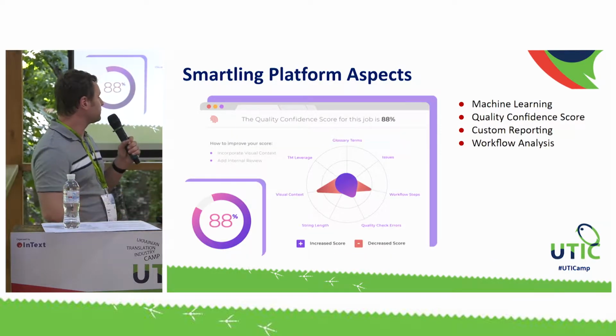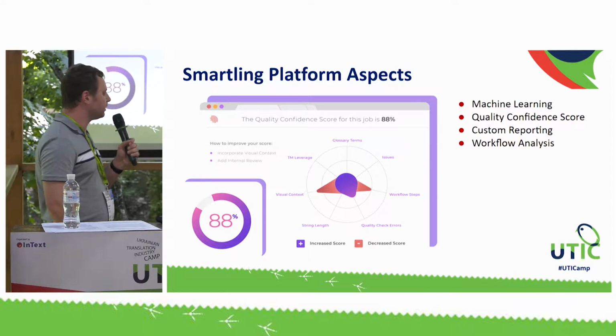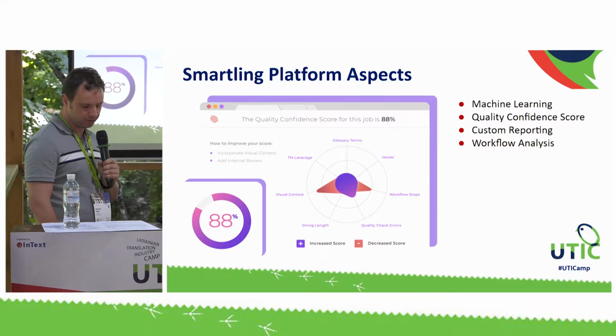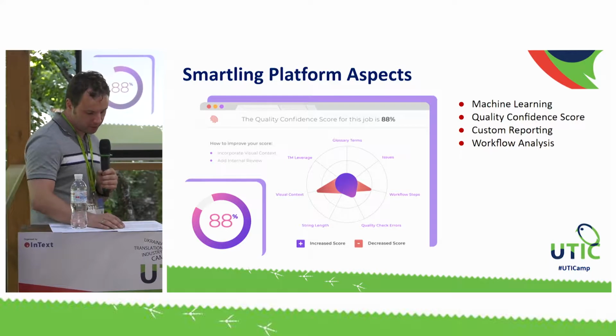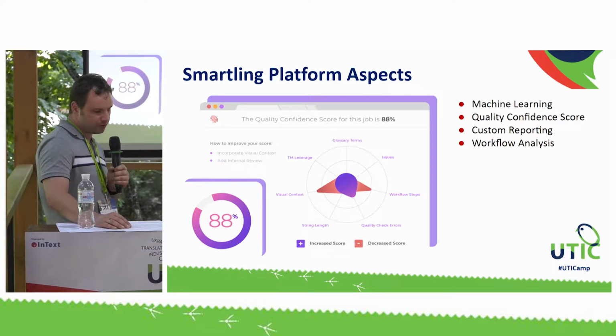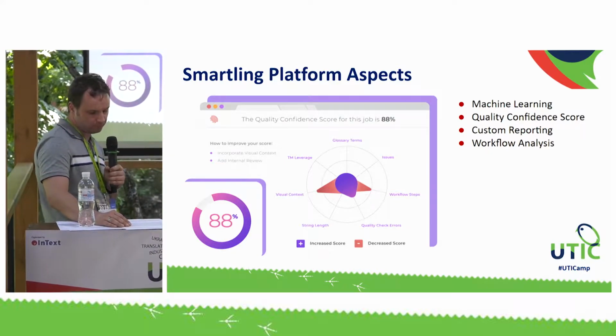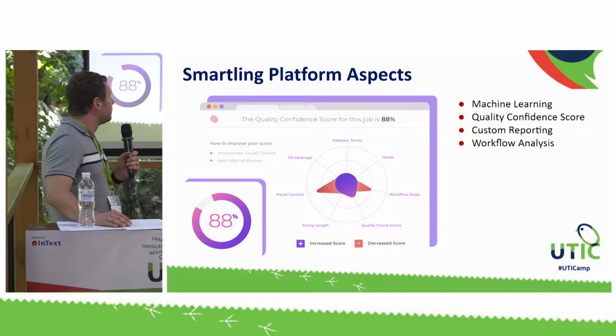Another very important aspect of the Smartling platform is analyzing quality and improving. With deep insights into not only what your translators are doing, but also how the entire platform is working to facilitate the content translation, organizations can drastically improve the quality.